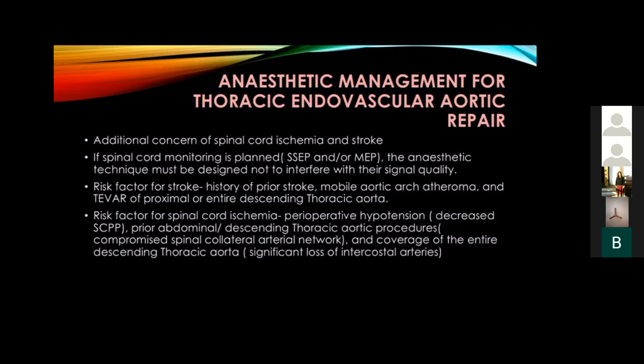Risk factors for stroke: a history of prior stroke is very important, and we have to take note of it, along with mobile aortic arch atheroma, or TEVAR in the proximal or entire descending thoracic aorta.